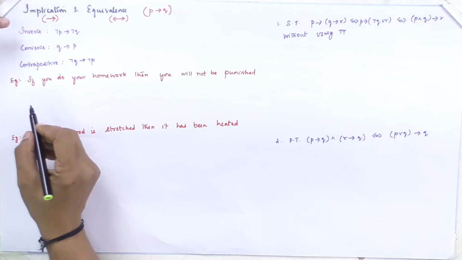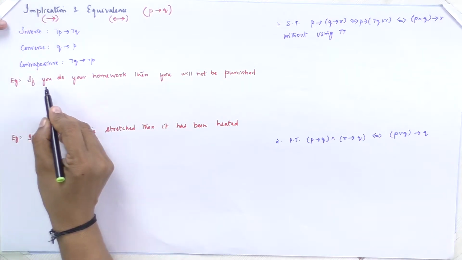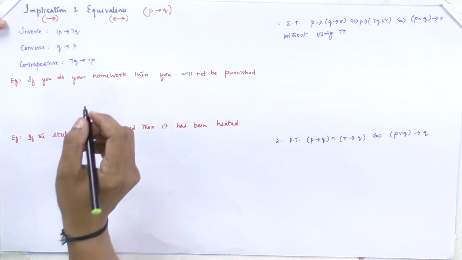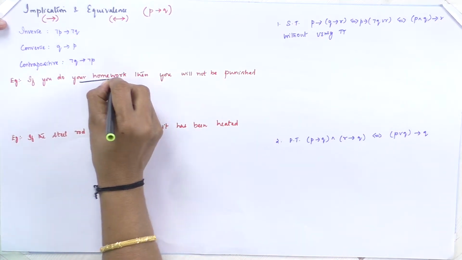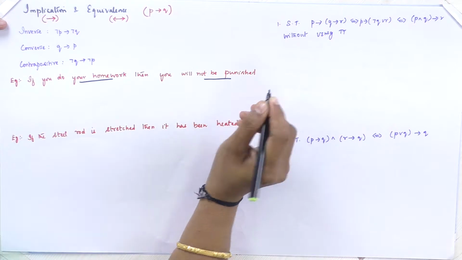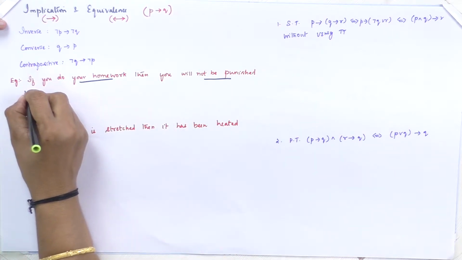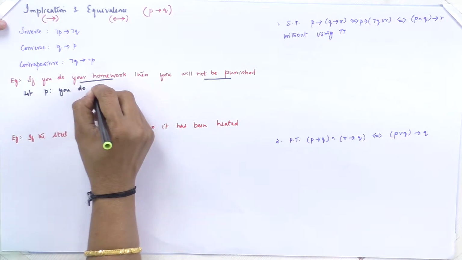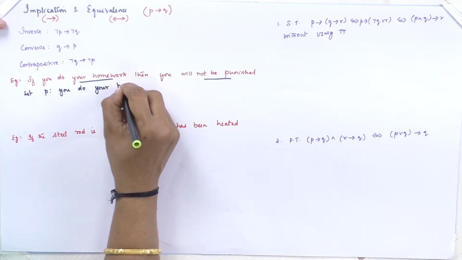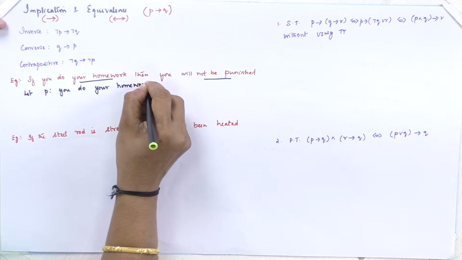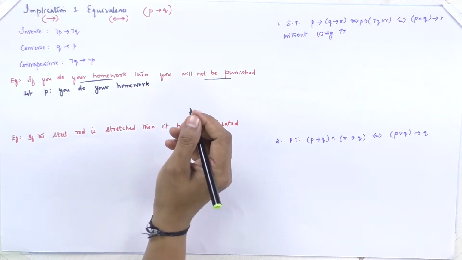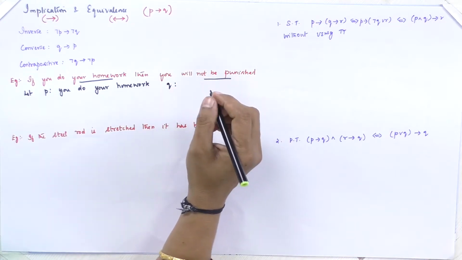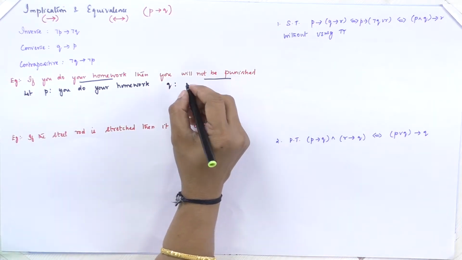So now let us see an example. If you do your homework, then you will not be punished. What are the keywords? You do your homework, you will not be punished. Let me take P to be you do your homework. Q we will take to be you will not be punished.